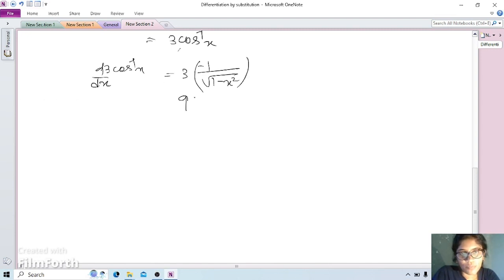Now move to exercise 7, question number 1. The question is: differentiate the following functions by proper substitution.